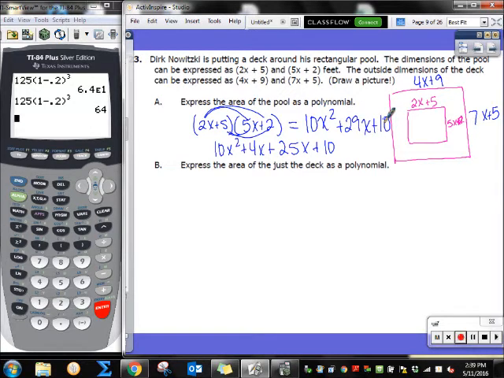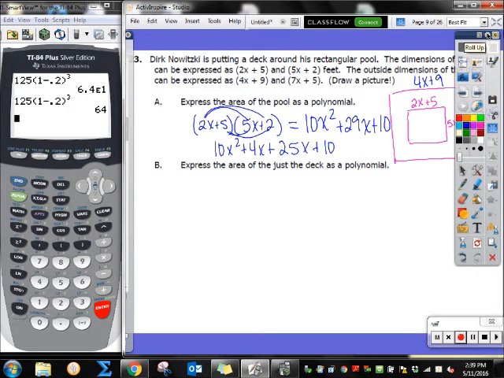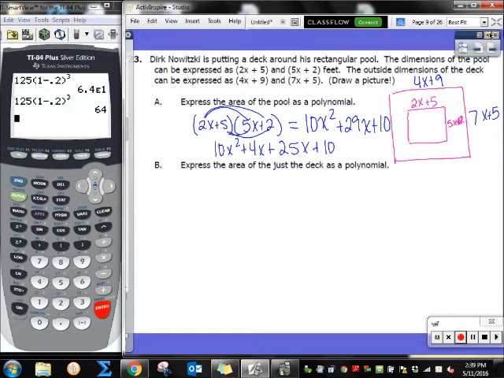And then it says express the area of just the deck. Now before we can jump to the deck, we actually have to find the area of the whole entire thing, so then we can subtract the area of the pool. So the total area, we could say, is going to be 4x plus 9 times 7x plus 5.